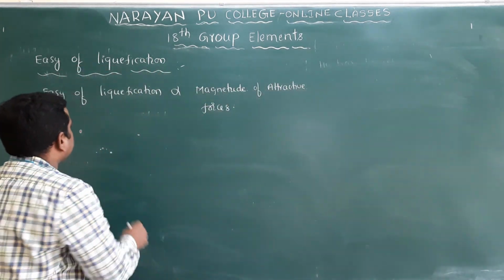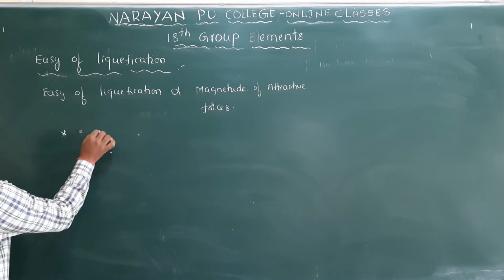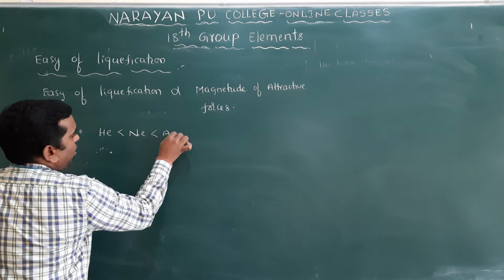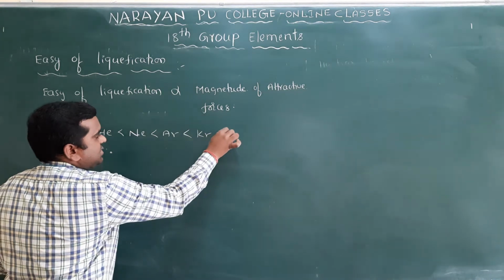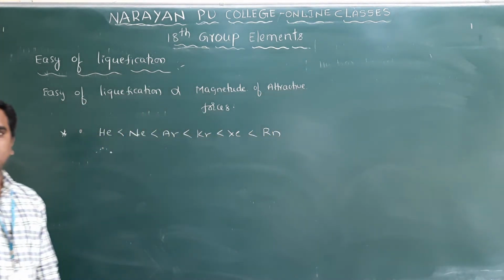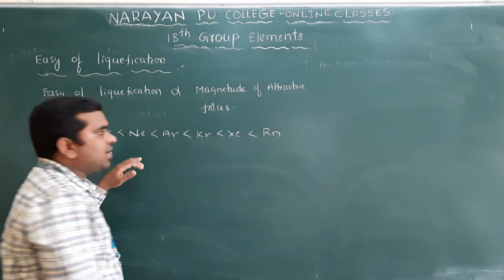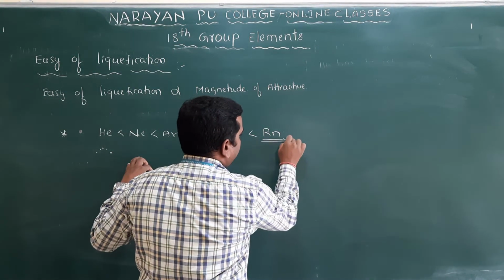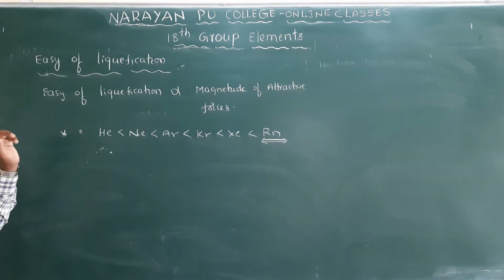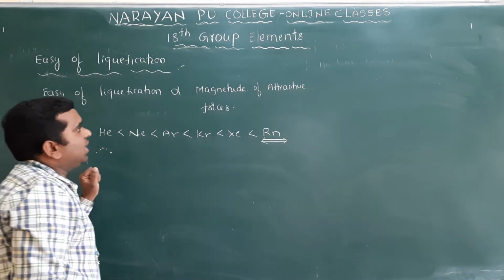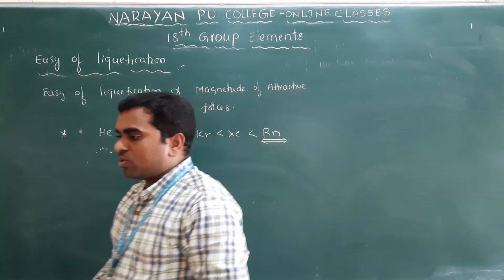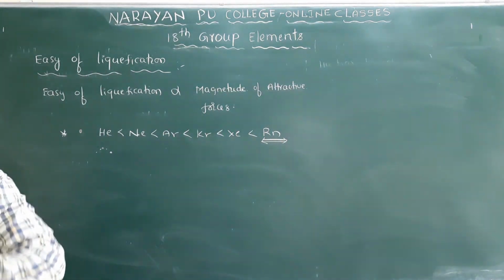Clear? So ease of liquefaction is helium, neon, argon, krypton, xenon, and the last one is radon. Radon liquefies very easily compared to helium. Clear? So this is about ease of liquefaction, and about physical properties.